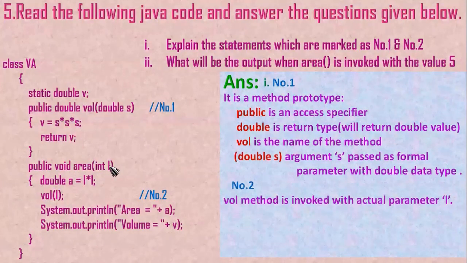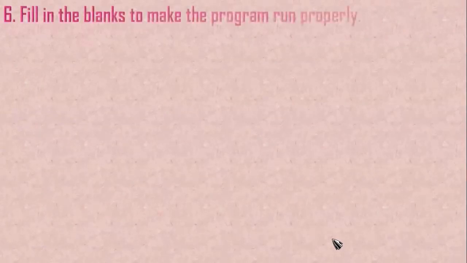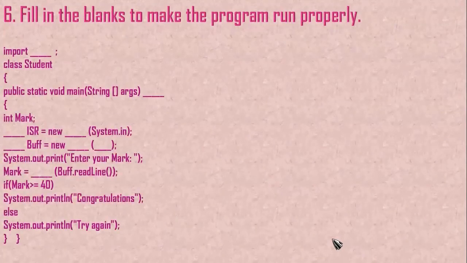So area of is invoked with 5, area is equal to 25, being double type it will be 25.0, volume is equal to 125.0. Next question, fill in the blanks to make the program run properly.